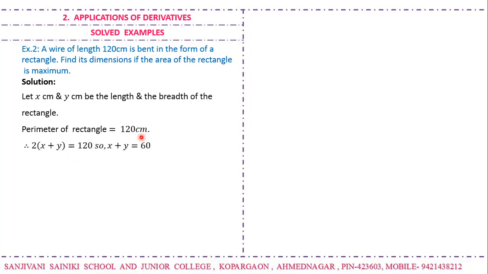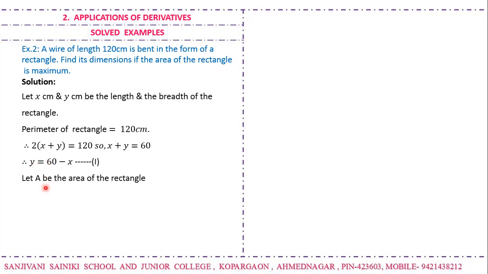The formula for the perimeter of the rectangle gives 2(x + y) = 120. That is, x + y = 60. So y = 60 - x. This is the breadth of that rectangle. Now what is the formula for the area of the rectangle?